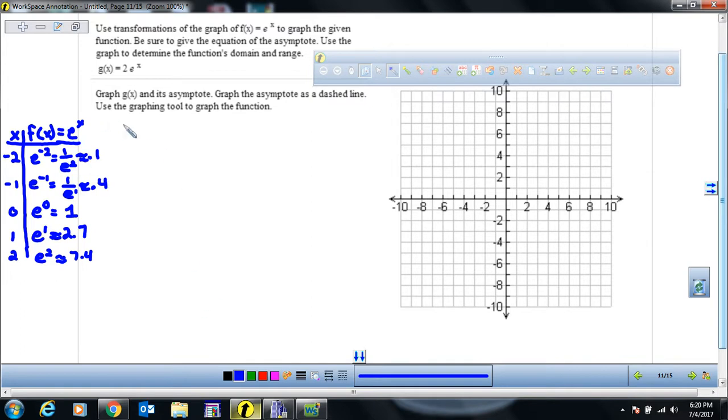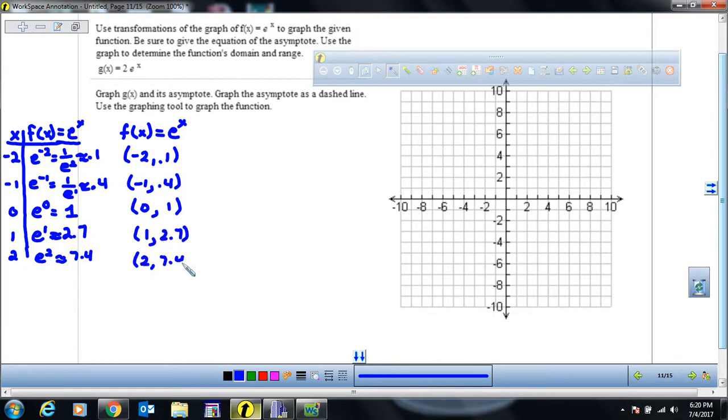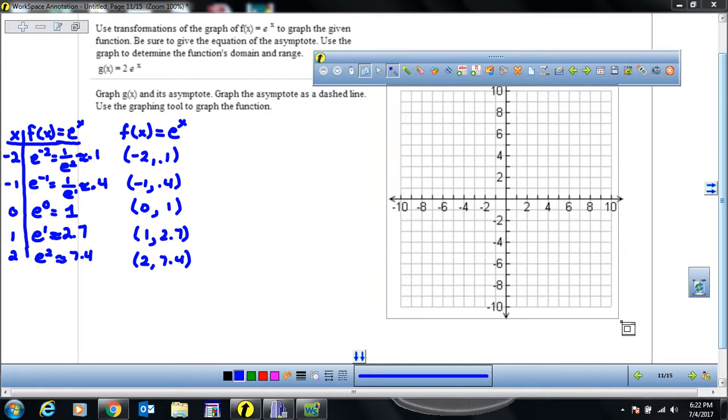Okay. So my function f of x equals e raised to the power of x contains the points negative 2, 0.1, negative 1, 0.4, 0, 1, 1, 2.7, and 2, 7.4. So we're going to graph those points in here to create the sketch of the function f of x.